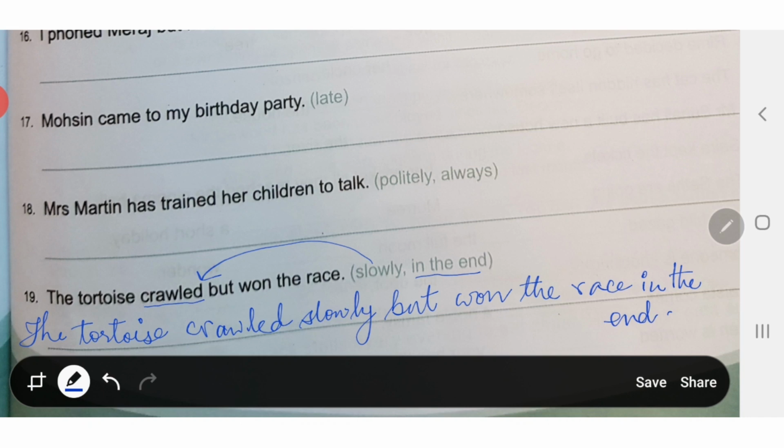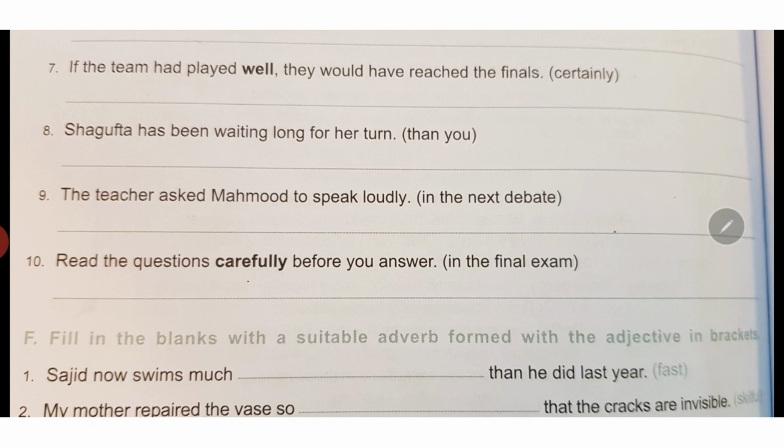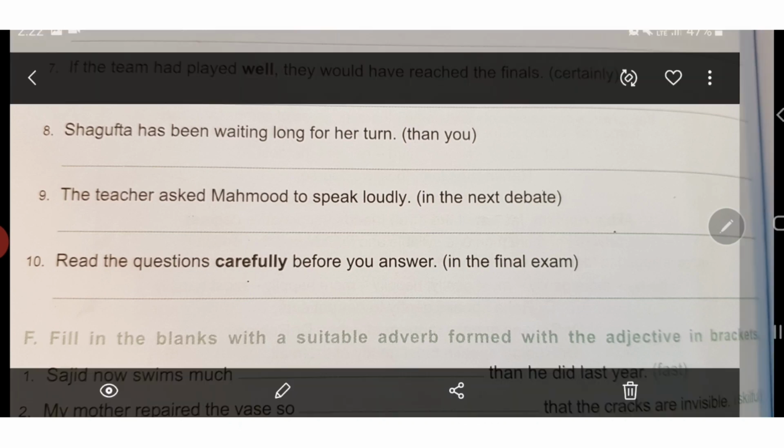Okay, students, like I told you, we just finished this exercise, and in my previous lecture, this one was on page 76. Students, I want you all to open page 76. On page 76, exercise A, I gave you 6 questions in the lecture, and I gave you 7, 8, 9 and 10 as homework.